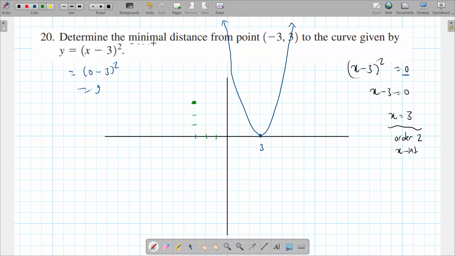Minimal distance. Now this keyword is important. Let's say there's a line here, okay? Minimal distance. What's the angle there if the distance were to be minimized? 90.